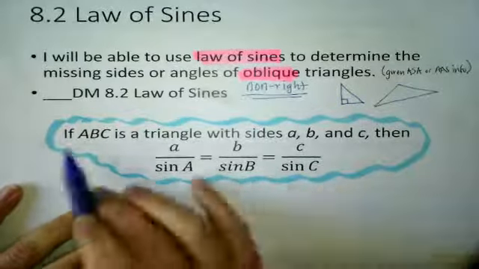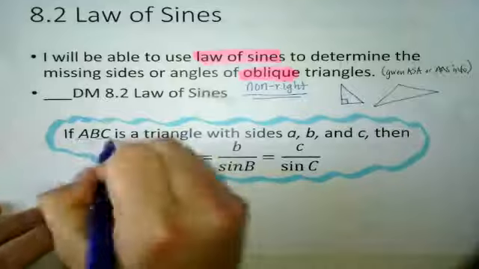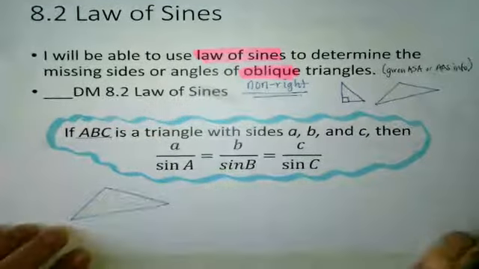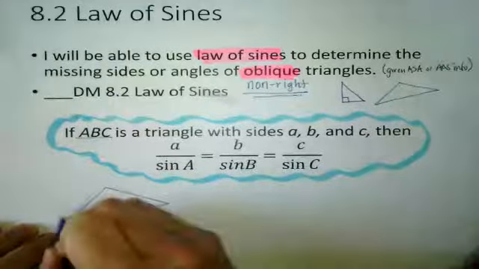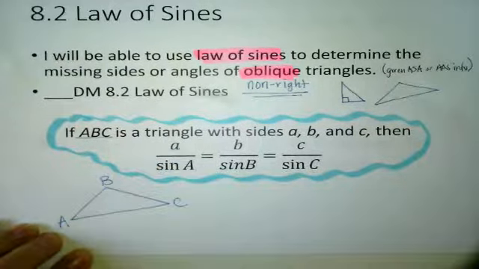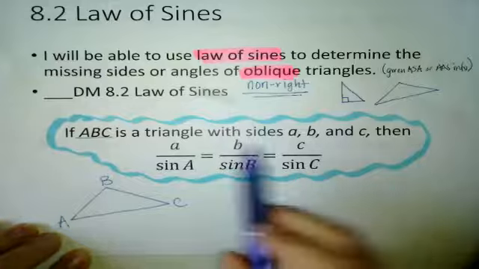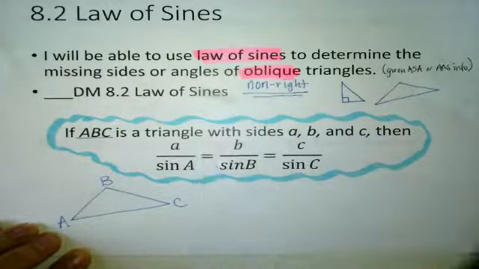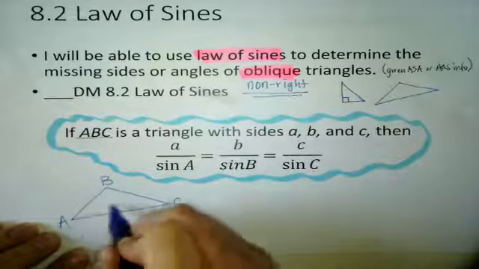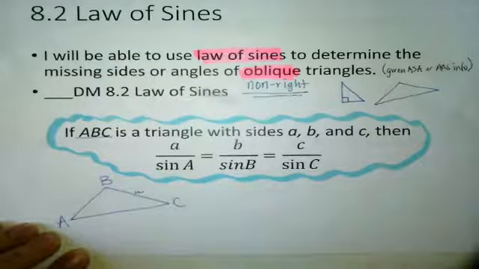So, for instance, if ABC is a triangle, we use capital letters to represent the vertices of a polygon. So capital A, capital B, capital C. And it has side lengths a, b, c, and those are the opposite side lengths. So if this is vertex A, the opposite side we call little a.